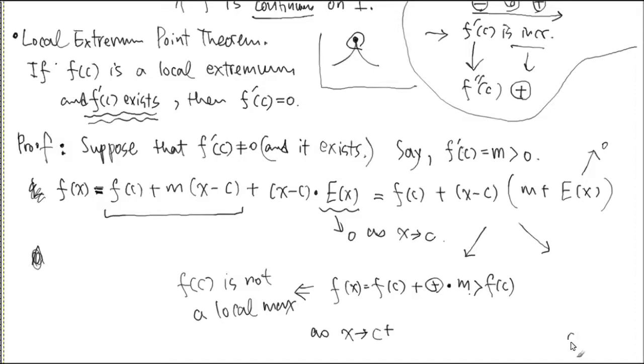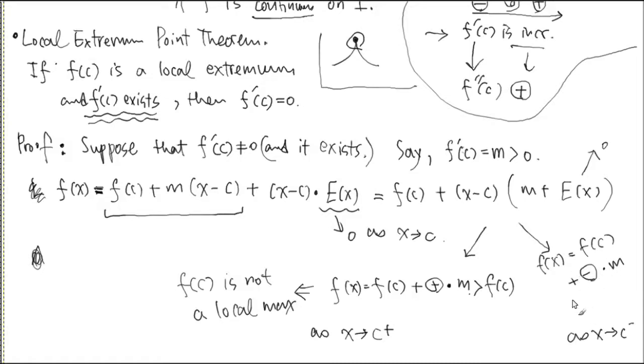As x approaches c from the left, we have a similar conclusion. f of x is f of c plus, what, x minus c is a negative number, right? But what about m? m is still there. So it is close to f of c, but it is slightly smaller.